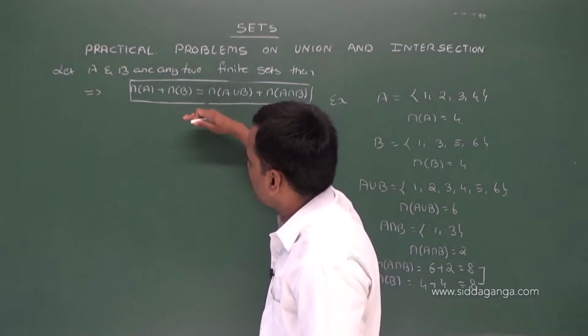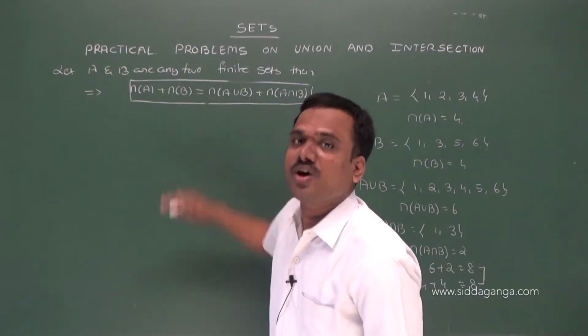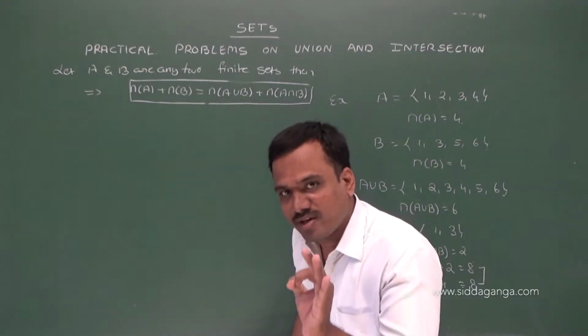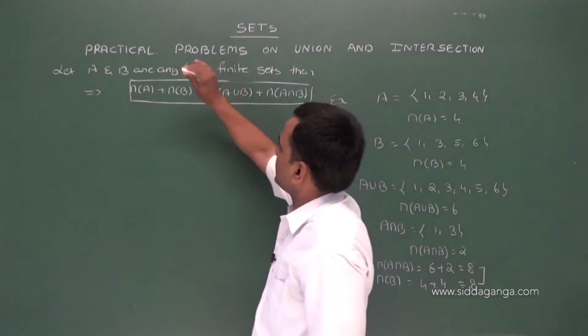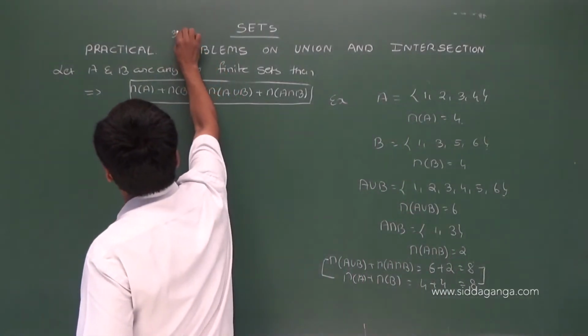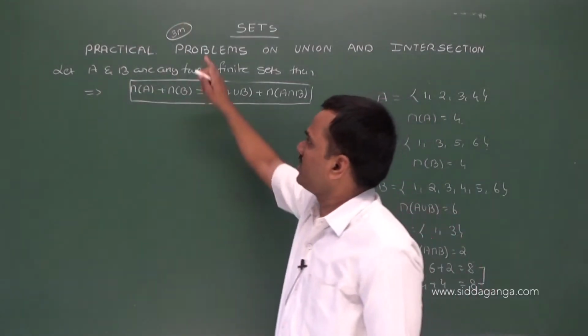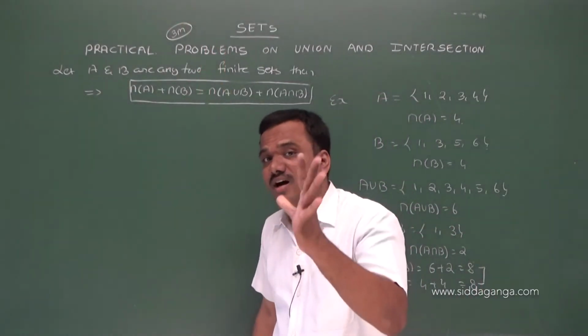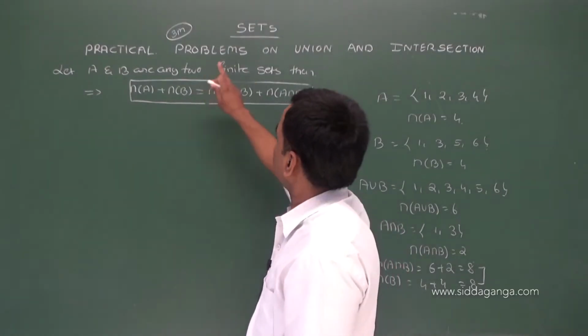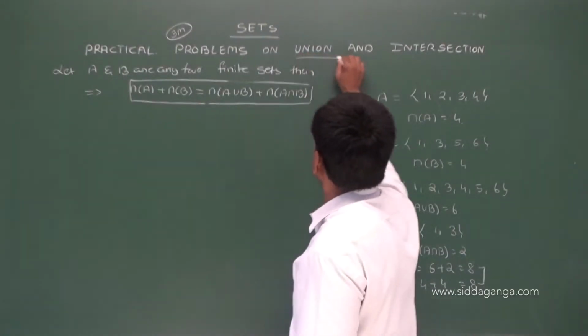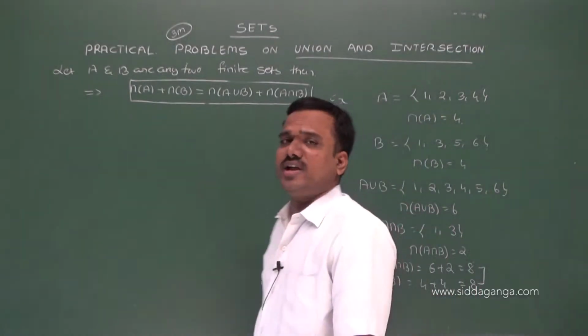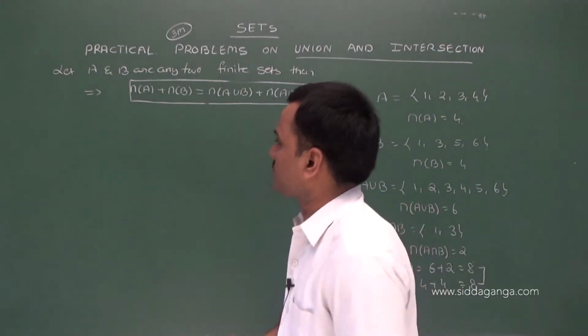This is a very important formula. So we always remember this concept. One problem in the annual examination, for 3 marks, they compulsorily ask one question regarding applications oriented on union and intersection of two sets. Clear?